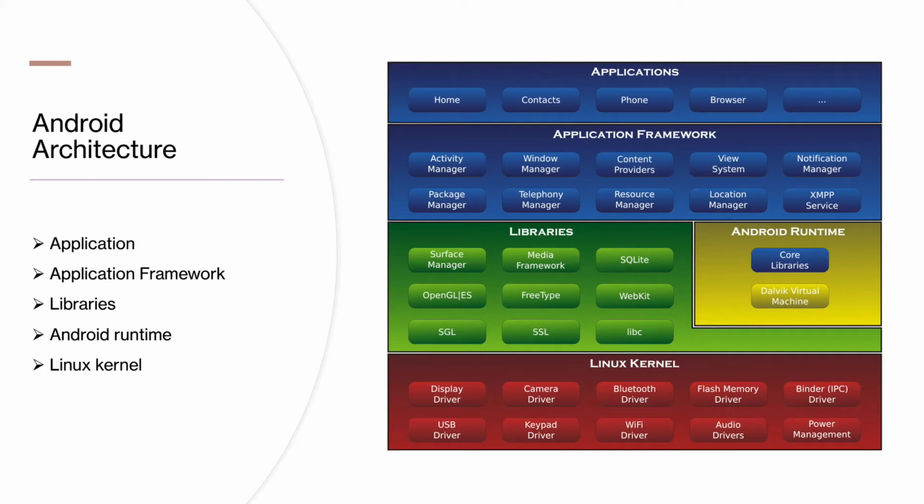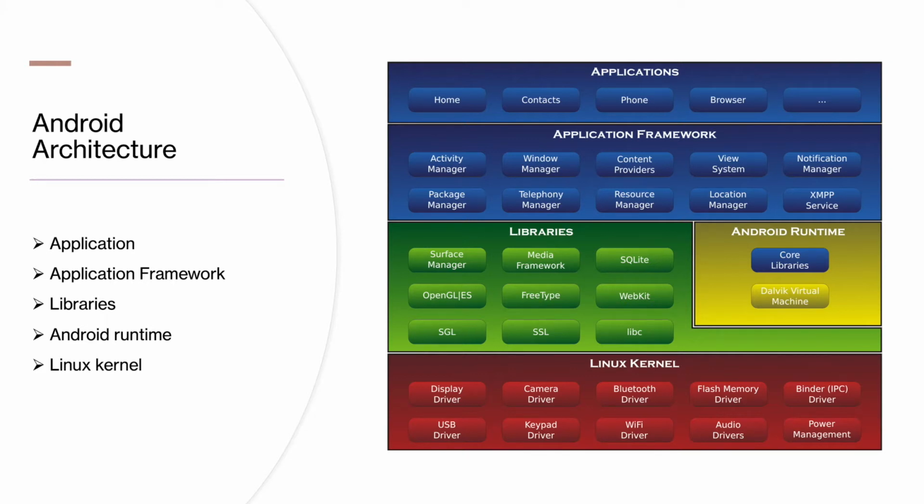We have power management in the Linux kernel. Basically, the Linux kernel is very important. It is like the heart of the Android architecture, and it provides process isolation, power management, flash driver, memory, camera driver, display driver, USB driver.